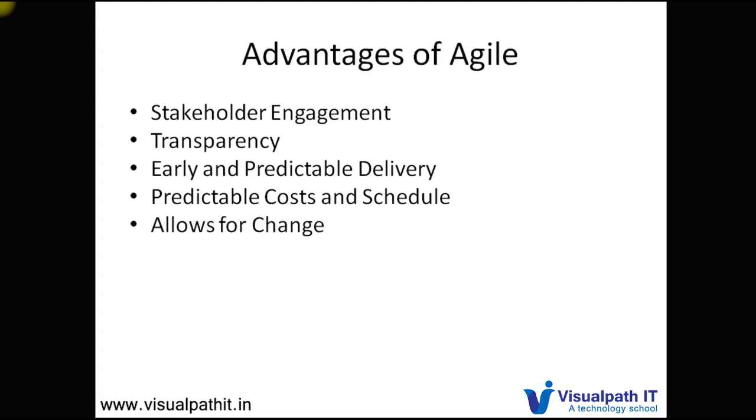And most important, it allows for changes. So in Agile, we embrace the changes, and our most important motive is that we need to align with the customer's requirement. Now focus on business values.